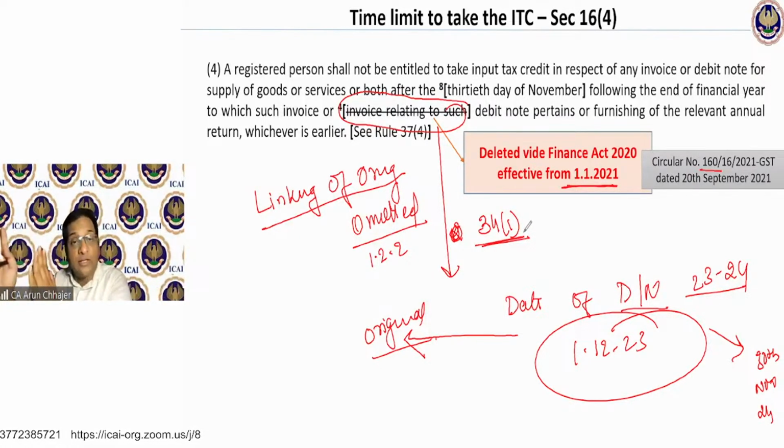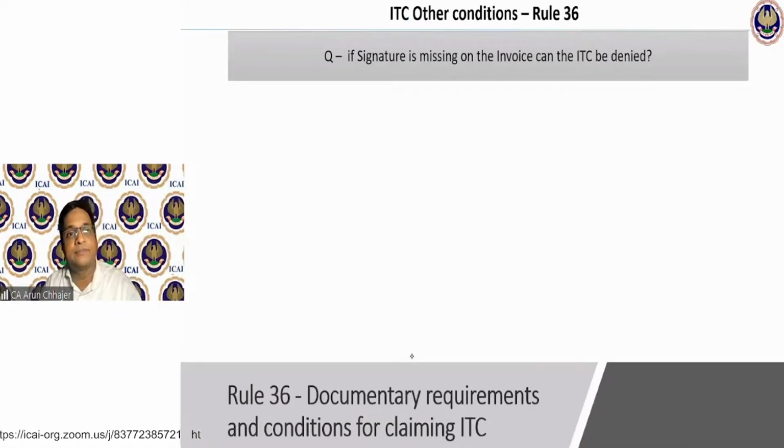In section 34, the respective amendment has been made. But I am saying that for ITC, this amendment came at a later stage. Neither are you required to link the original invoice, nor are you required to see the original invoice for the purpose of taking the ITC. The date of the debit note would itself be the date of the document which is eligible for taking the ITC.